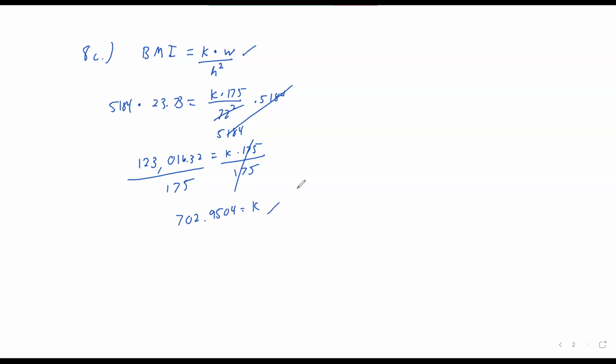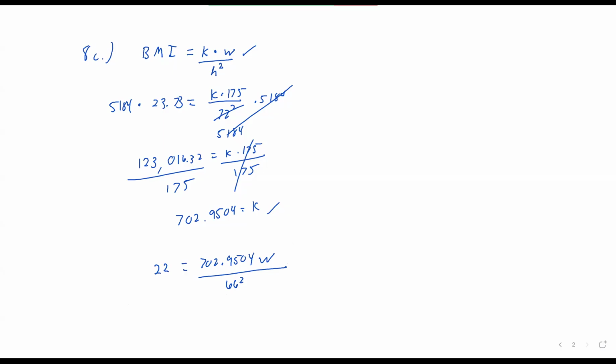Now I don't have to finish the rest of the problem, so there's my formula, there's my K of part B, but then I can use that now to help me with part C, the original question. So how much weight would the 5'6" person, so okay, so now we know our K, and we're trying to find out what the weight is. And she's 5'6", so that's 60 plus 6, so that's 66 squared. Need to gain or lose, so they have a BMI of 22.